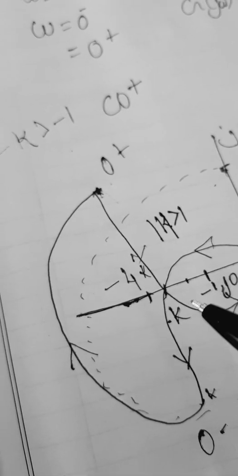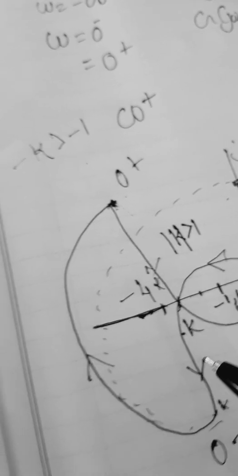So if that happens, you get a diagram like this. Here is the same plot, if k is greater than 1, or minus k greater than minus 1. So your intersection is minus k.